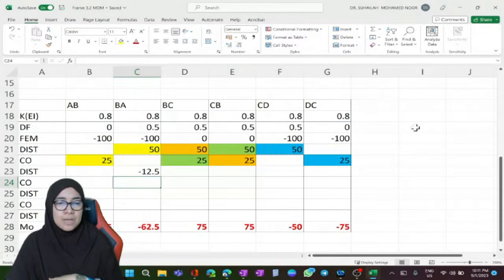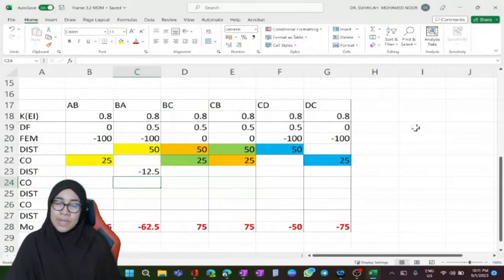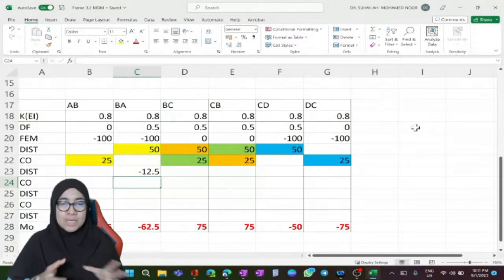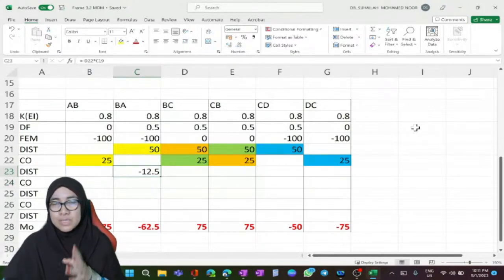We have different types of support. We have different EI. We may have different length. We may have different delta as well. So all values are not going to be easy like this. But the most important thing is you understand the process.